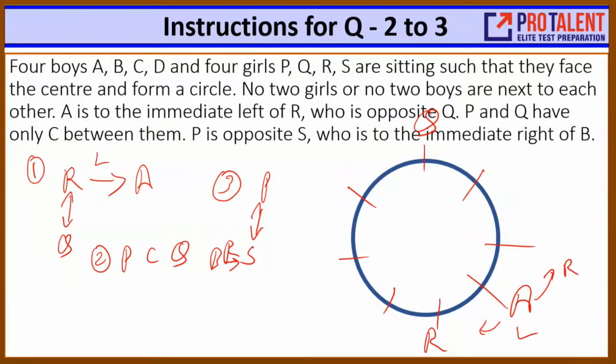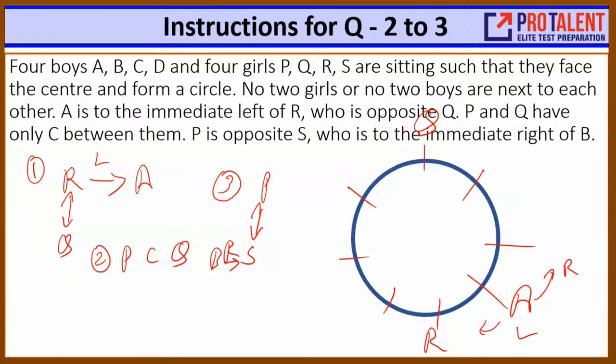Then we know that P, C, Q, they are the neighbors. So P and then C and then Q. But we also know that P के opposite में S should be there. So if I write over here P, C, Q and B, immediately right of B, S has to be there.